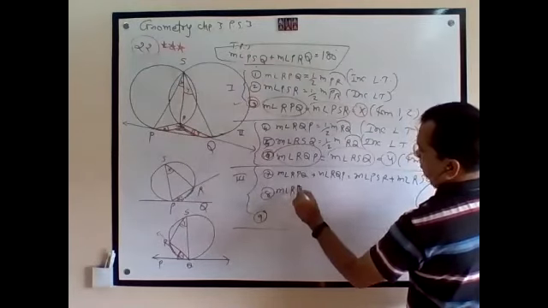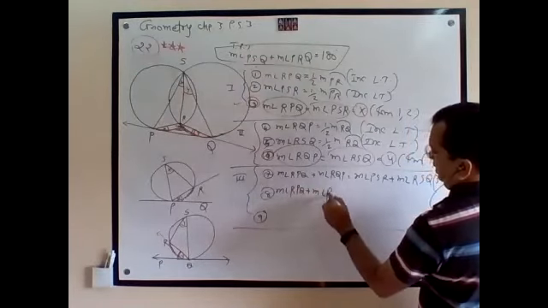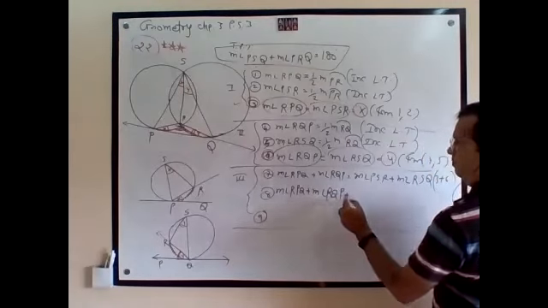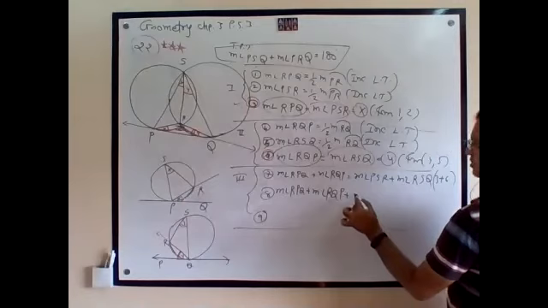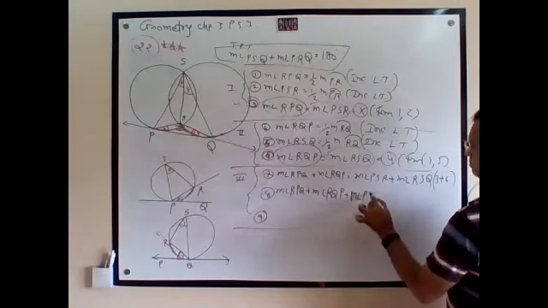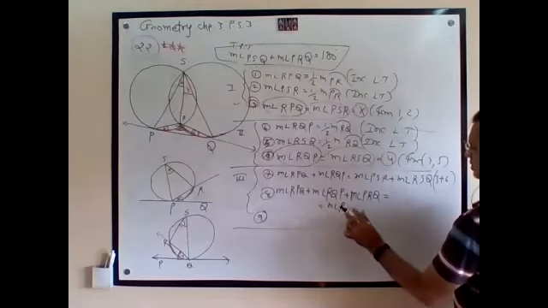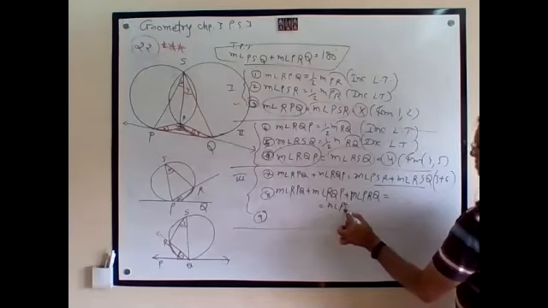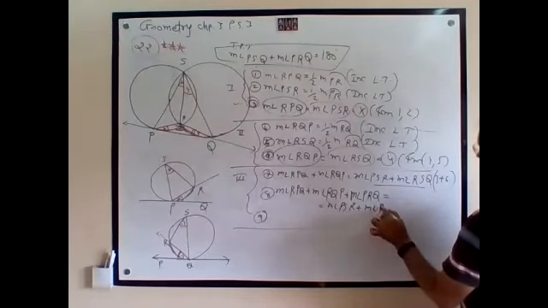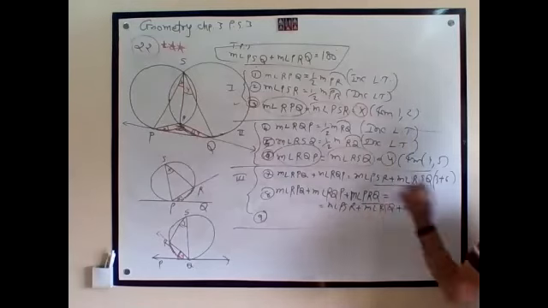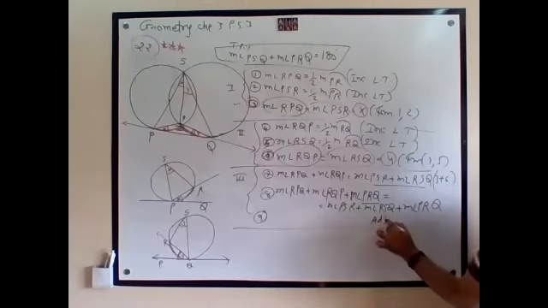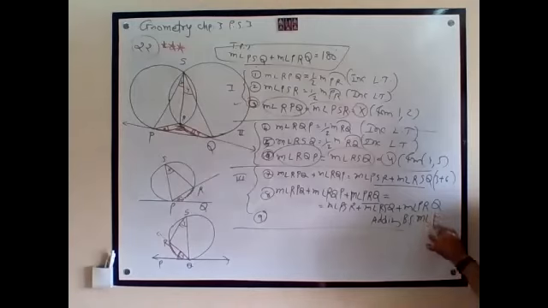Measure angle RPQ plus measure angle RQP plus PRQ is equal to measure angle PSR plus measure angle RSQ plus measure angle PRQ, adding on both the sides.